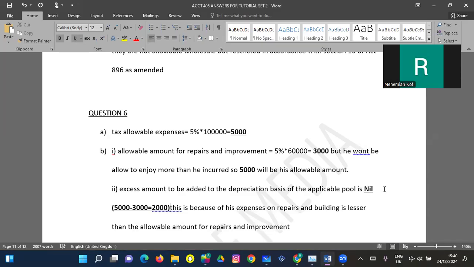So 2,000 will be the excess amount to be added to the depreciable pool, because the actual expenses are higher than the allowable amount. But in this case, the allowable amount is higher than the actual expenses, so nothing will be added to the depreciable pool. That's basically it. All right, so let's move on. This is because its expenses on repairs and improvements are lesser than the allowable amount for repairs and improvements.